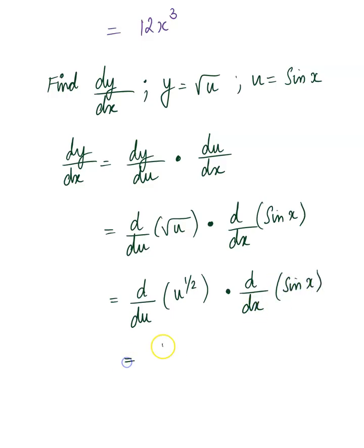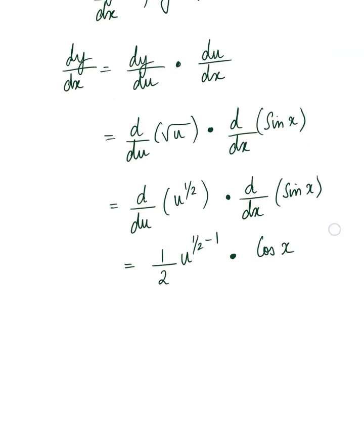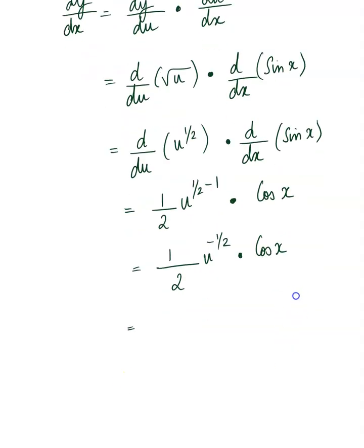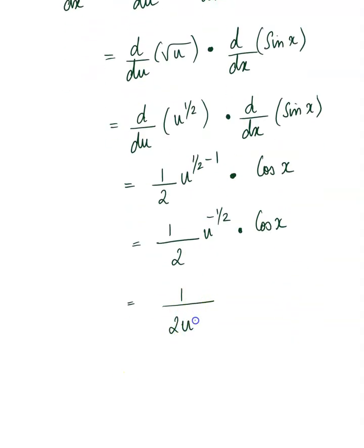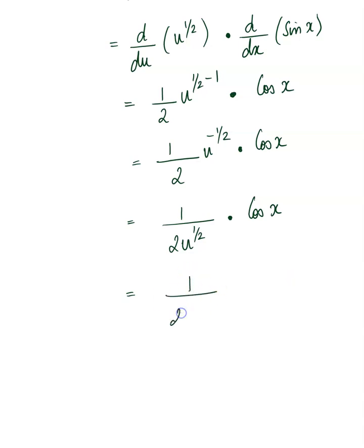Now we're ready to. So it's half u power half minus 1, times derivative of sine x is cosine x. Half minus 1 is negative half. So 1 over 2 u power negative half times cosine x. And the negative half can be brought down. So it will be 1 over 2 u power half times cosine x. That in turn is 1 over 2 square root of u, because u power half is square root of u.